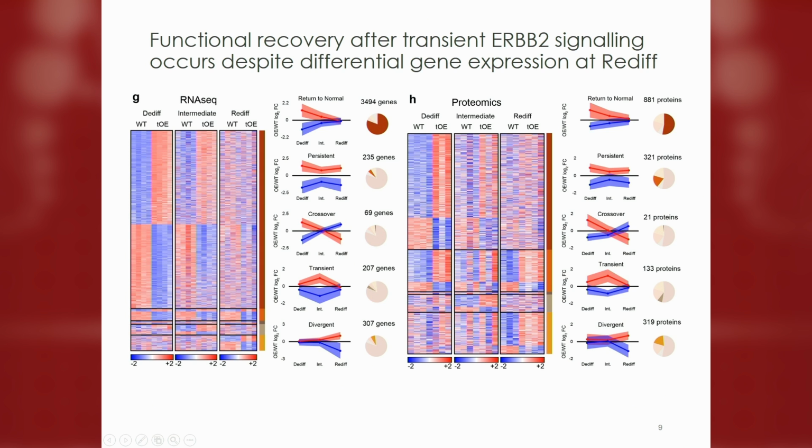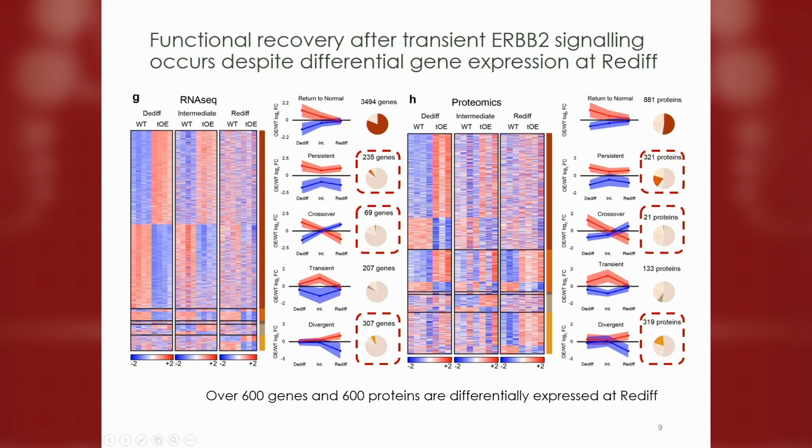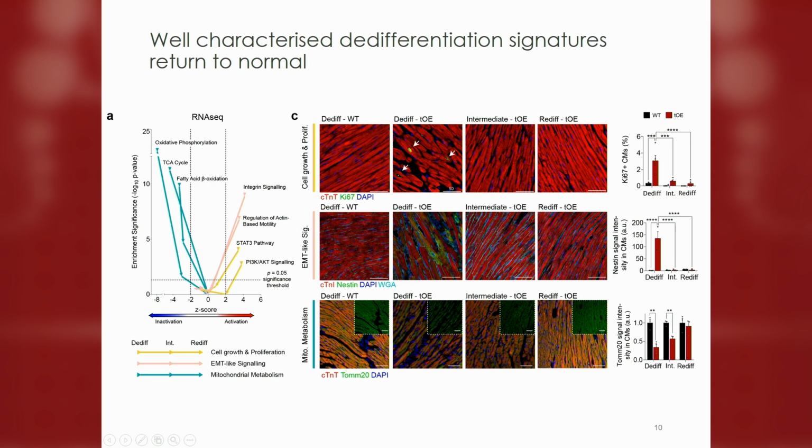And by the way, there is a difference between the proteomics and transcriptomics, but the most interesting part is that we find that 600 genes and above 600 proteins did not go back to normal, even 1 month post-dedifferentiation. That really tells us that something here is perhaps obscure.